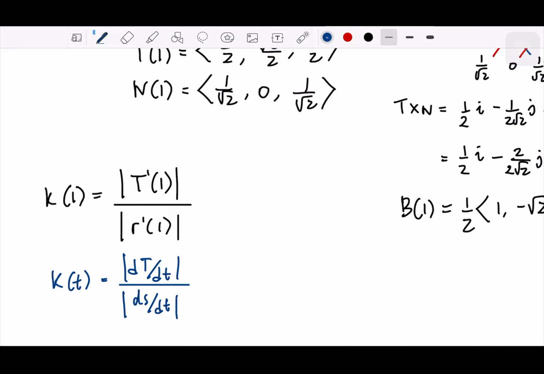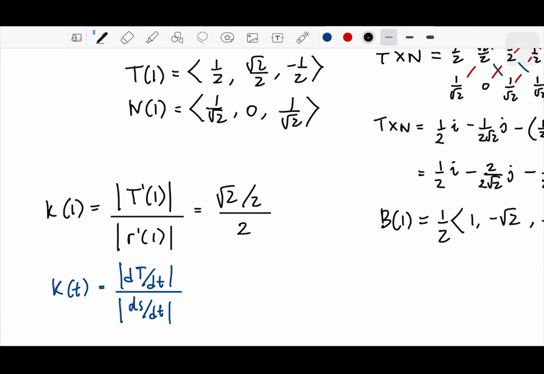This is equal, okay? And we can write this from the calculations we have. You can also use the other formula for curvature. It should give the same result.